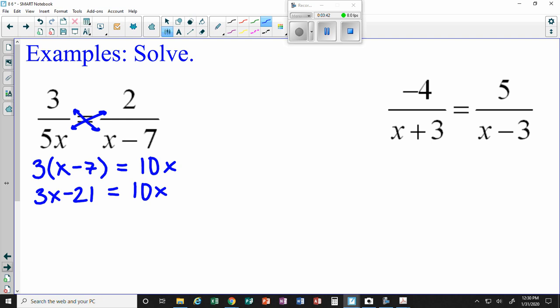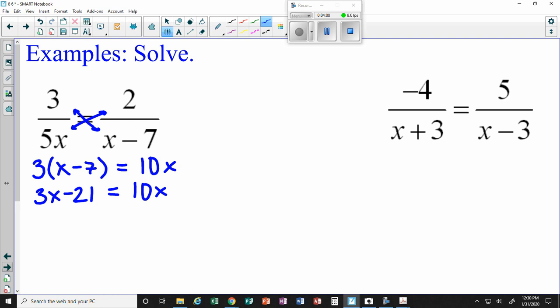Now, for some reason, you can do this by dealing with the constants first, but a lot of people who do the constants first start moving constants around and make mistakes. So when I look at this, I see I have two variable terms that are the same type of term.